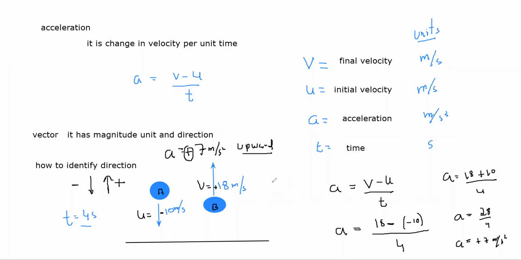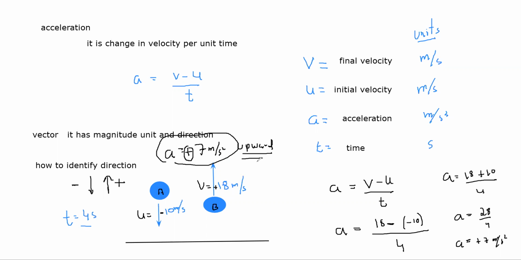So we substitute v minus u over t: 18 minus, in brackets minus 10, divided by 4, which is equal to plus 7 meter per second square. The positive sign was upward, that's why the acceleration direction is upward.